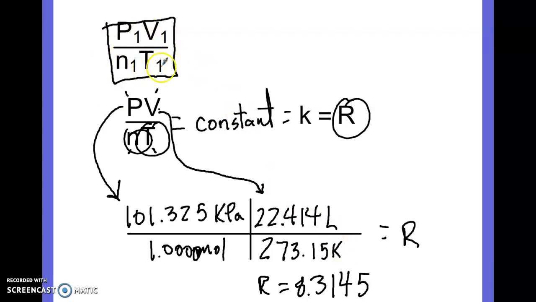So we can use these variables without having a second set. So the unit of this would be a kilopascal times a liter per mole Kelvin, or what I like to say is a kPa per molk. So the gas constant for kilopascals is 8.3145 kPa per molk.